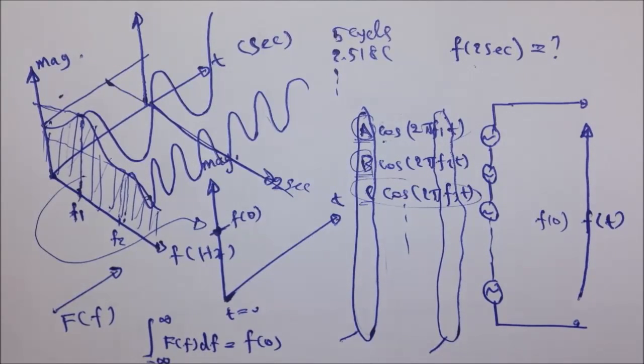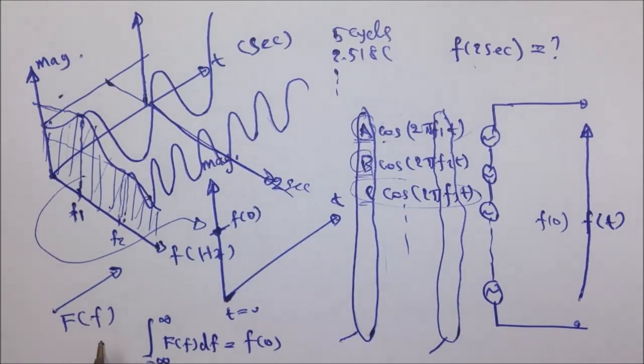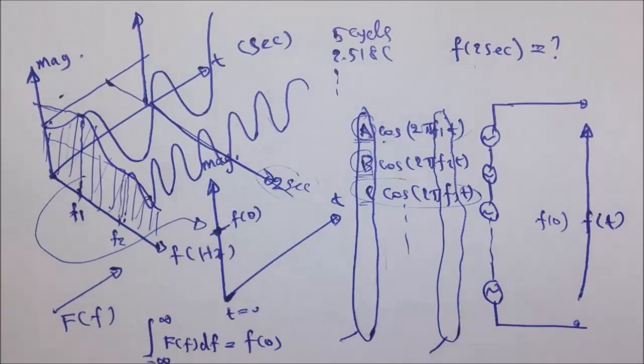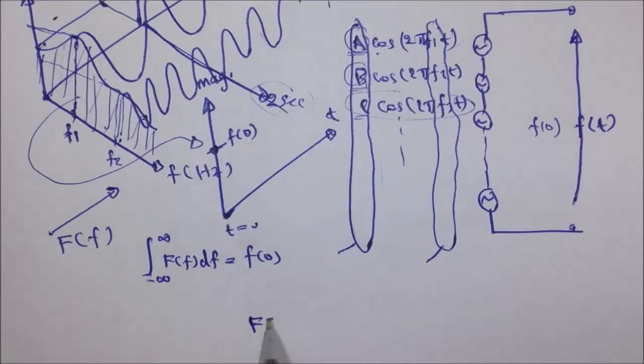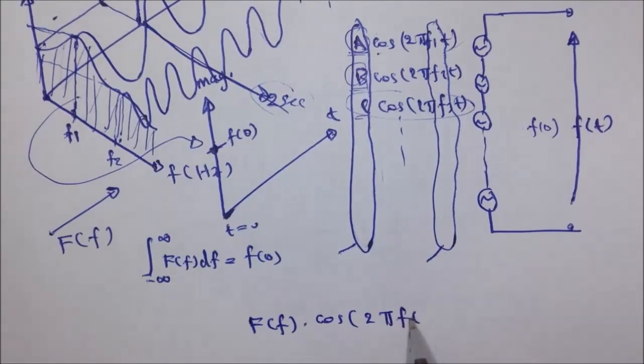All we need to do is substitute t equals 2 seconds to find the value of each curve at t equals 2. So we will multiply F of f by cosine 2 pi ft.